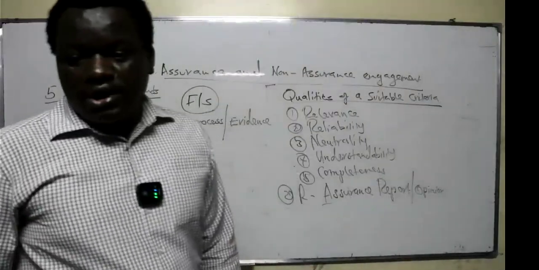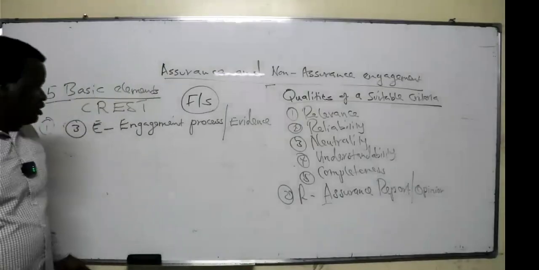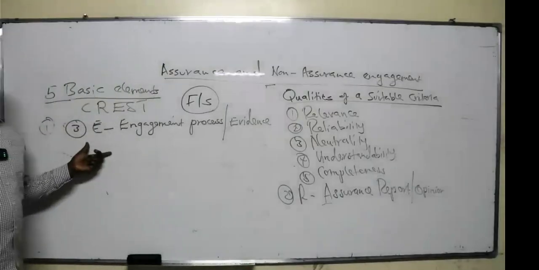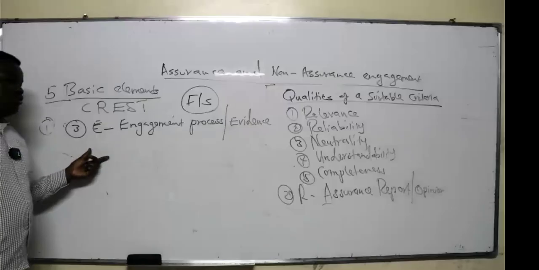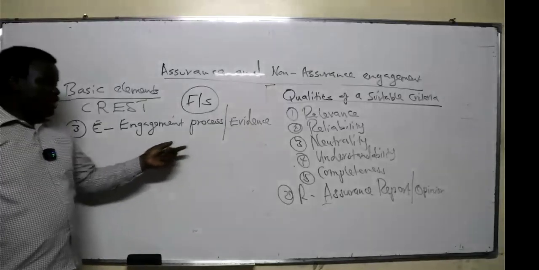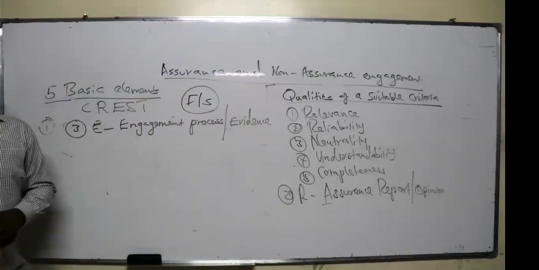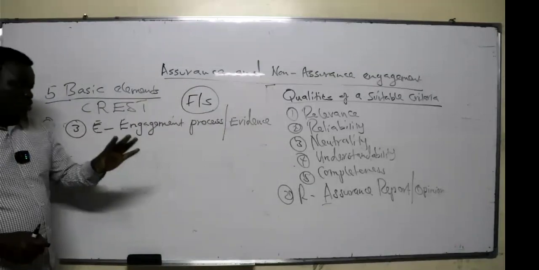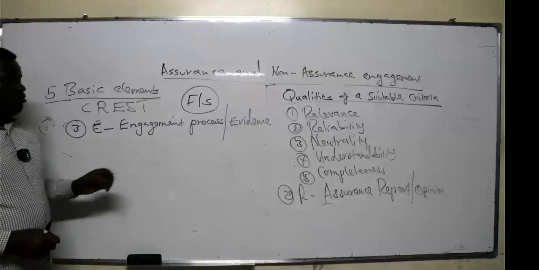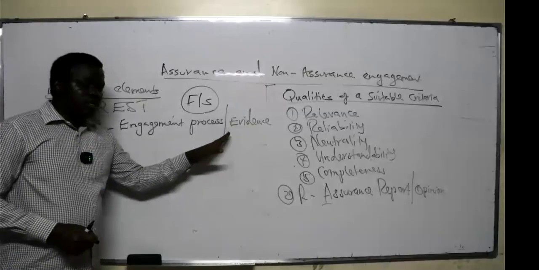So somewhere in our discussion yesterday, we said that auditors cannot conclude. They cannot express an opinion without obtaining evidence. So even in assurance engagements, one cannot provide that level of assurance or form an opinion without first obtaining what you call evidence.